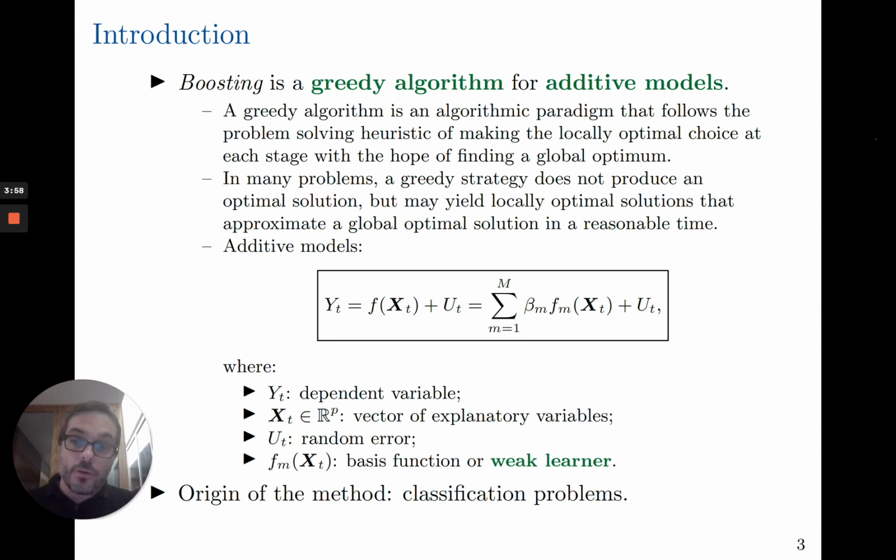Later in this course we are going to use boosting to specify nonlinear models like regression trees or neural networks and so on and so forth, right? But here, to keep things simple and for you to get an understanding of the ideas behind boosting, we are going to focus solely on linear specifications.